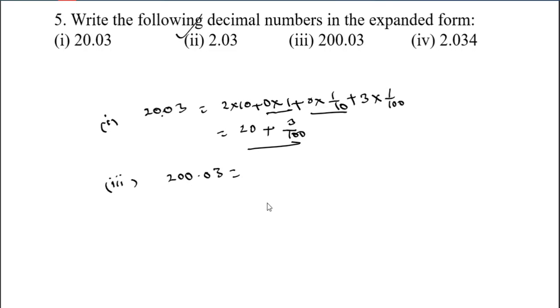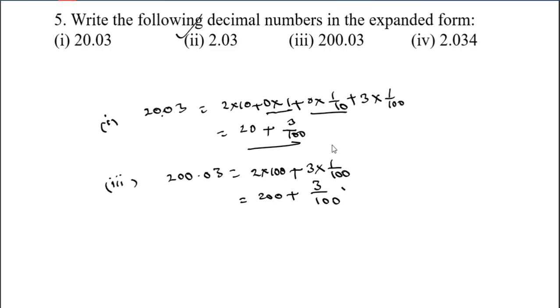You can write directly. So which is equal to, 2 is in which place? 1s, 10s, 100s. 2 into 100 plus 0 into 10, 0 into 1, anything multiplied by 0 means we will get 0. Leave it. 0 into 1 by 10, 0. 3 into 1 by 100, which is equal to 200 plus 3 by 100.